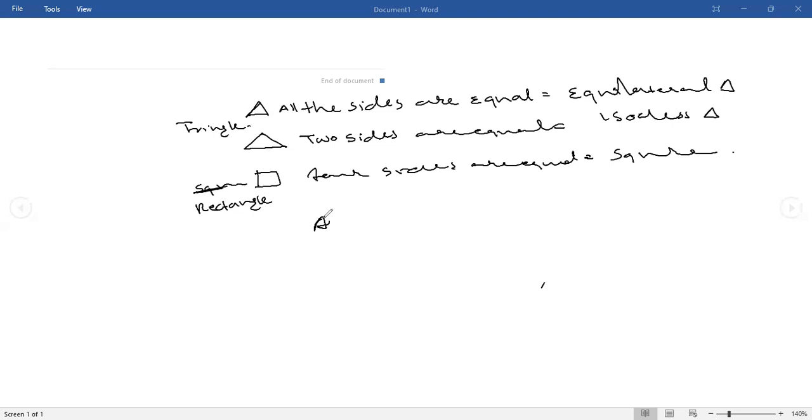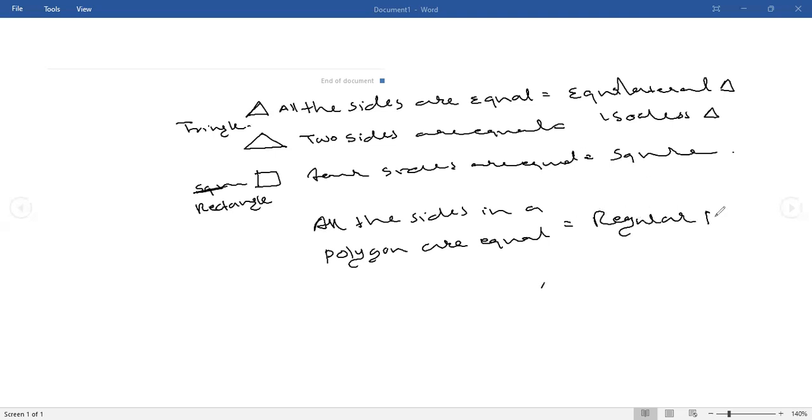If all the sides in a polygon are equal, you can call it a regular polygon. For example, if the 5 sides are equal, you can call it a regular pentagon.